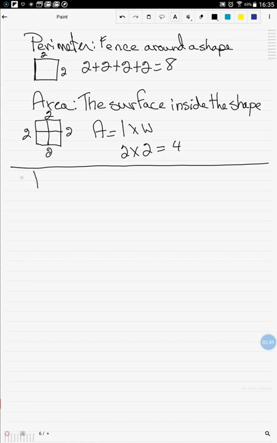What happens if I have a triangle? Triangles are a little bit like quadrilaterals that were split. So if I have again my square, and I cut it exactly in the middle, straight, please.